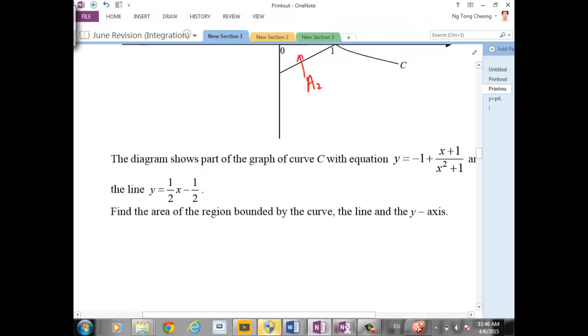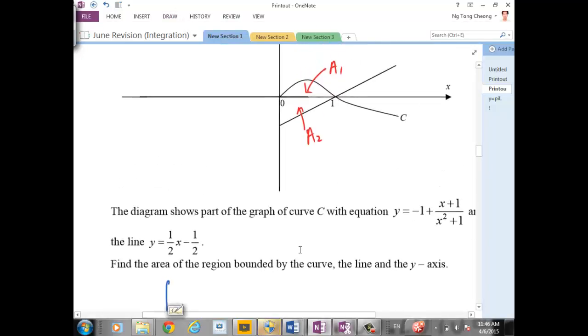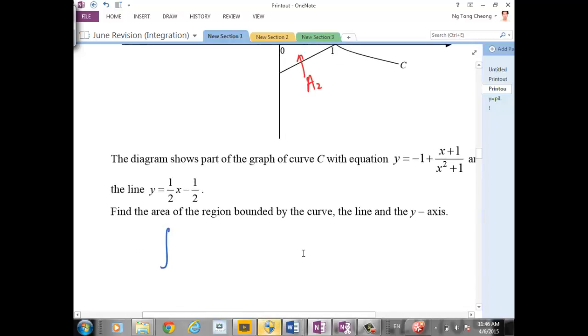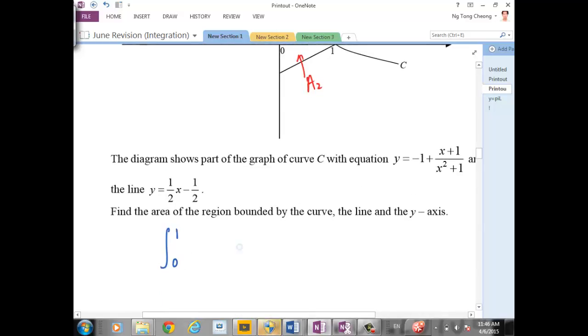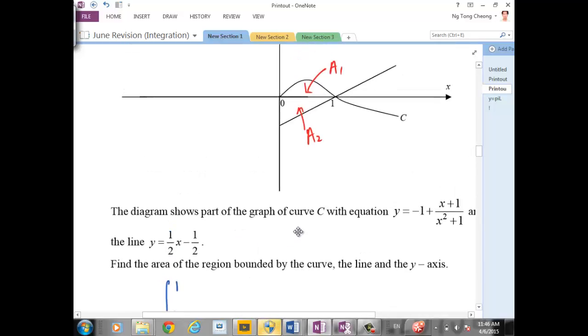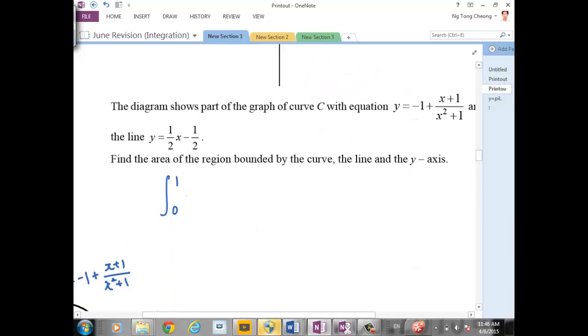So for this question, if I look at it, the region is from 0 to 1, so I'm going to integrate from 0 to 1, and the graph on top, I'm just going to use this graph, minus the graph below, which is my straight line.